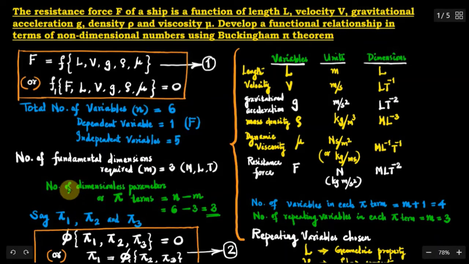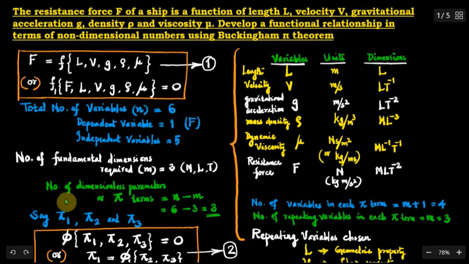And here the number of fundamental dimensions required to express the variables given are 3: M, L, and T. So therefore small letter m, that is number of fundamental dimensions required in this case, is 3, and total number of variables n is equal to 6.